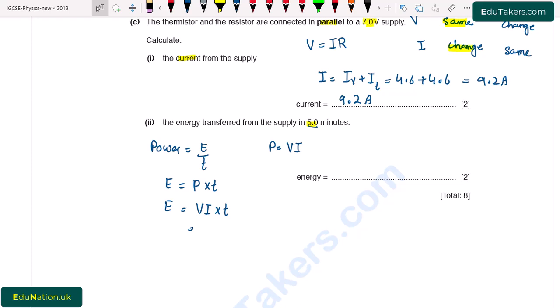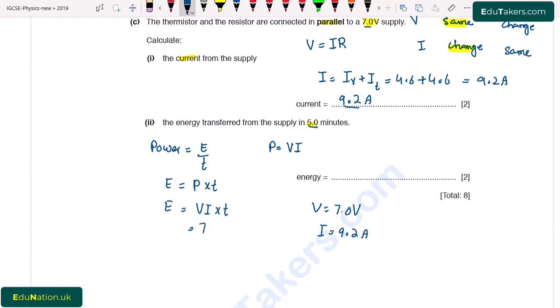Here potential difference is 7.0 volt across both of these components. So I write here V is equal to 7.0 volt, and also the value of current across the supply is 9.2 ampere. Time is given, that is 5 minutes.